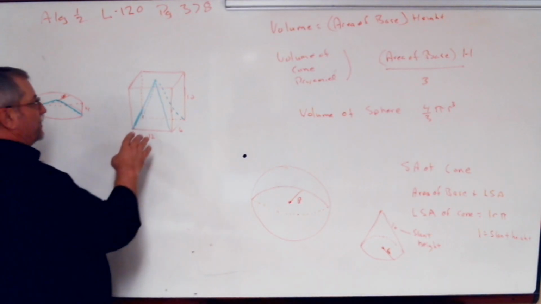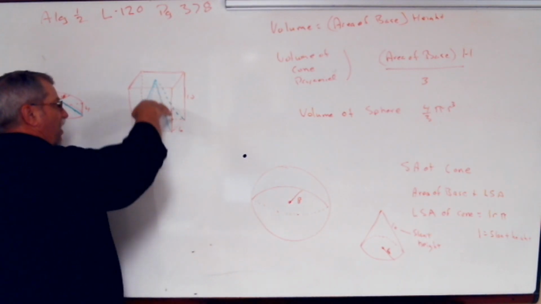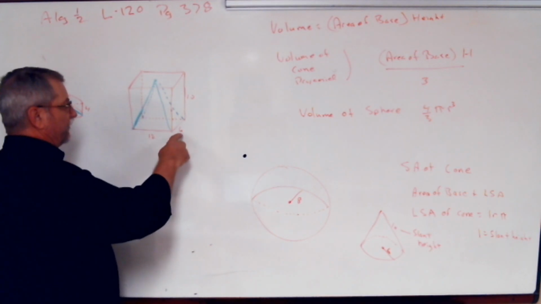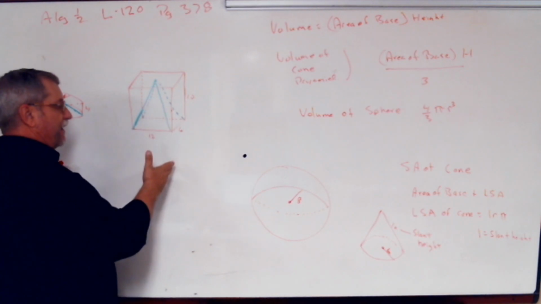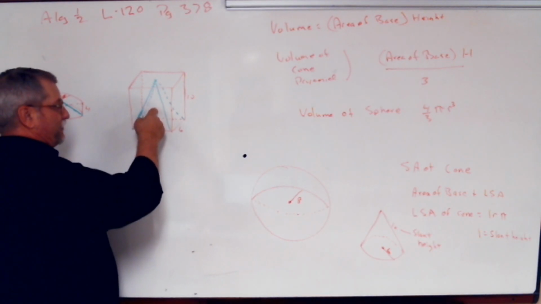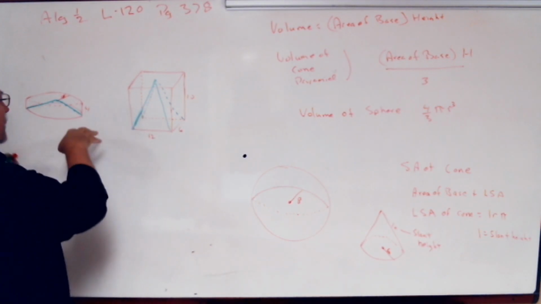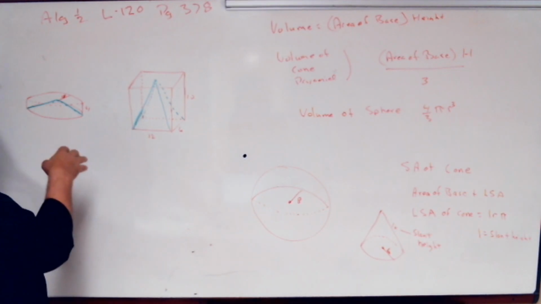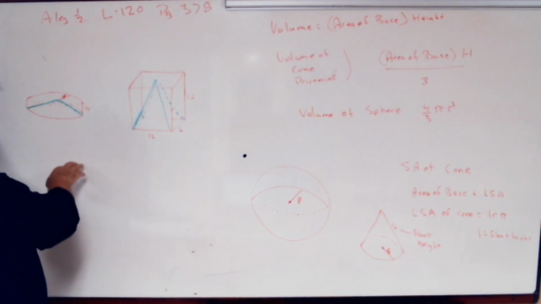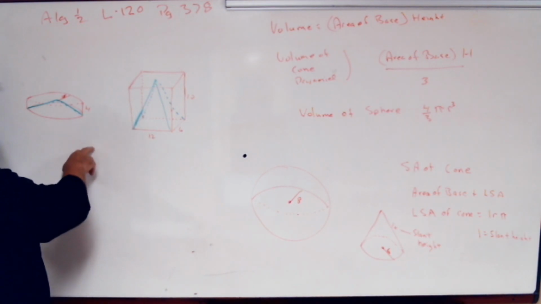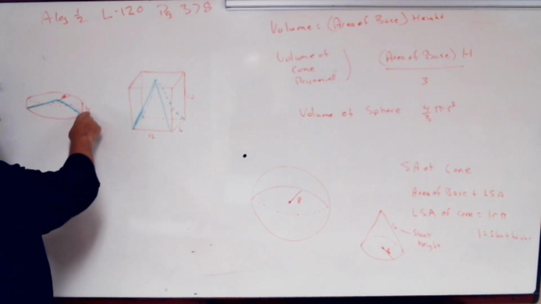So on this one here, to find the volume of this whole thing, area of the base is 12 times 6, times the height 10. Take that answer divided by 3. That's the pyramid. Over here, we'd find the area of the base, which is a circle with radius 10. So we'd go 3.14 times 10 squared times 4.